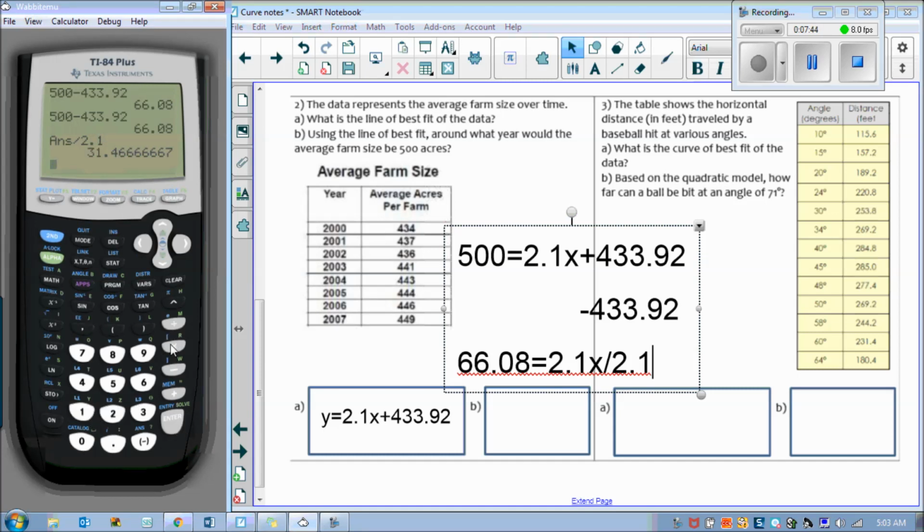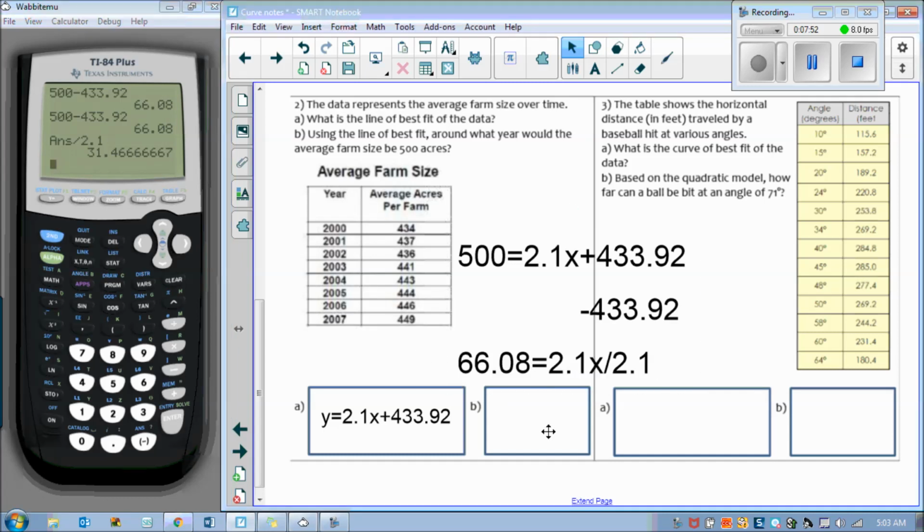And that'll tell me the year after 2000 that it'll take for me to get up to that acreage. So it's about 2031, almost 2032. Let's say 2031.5.